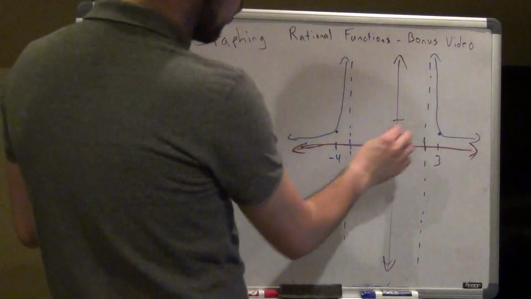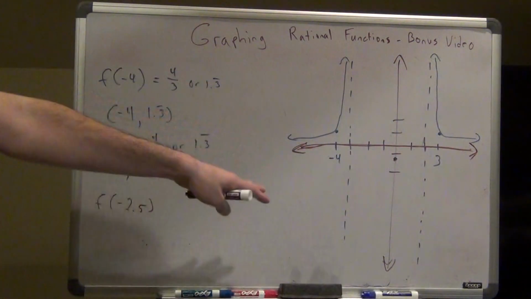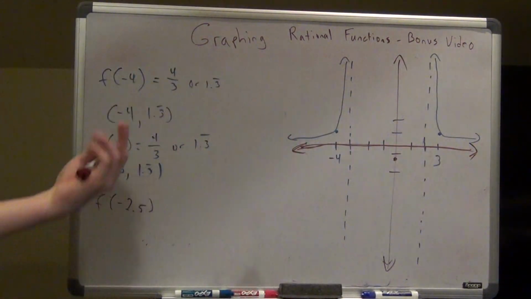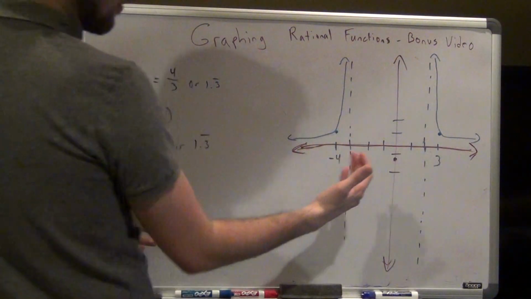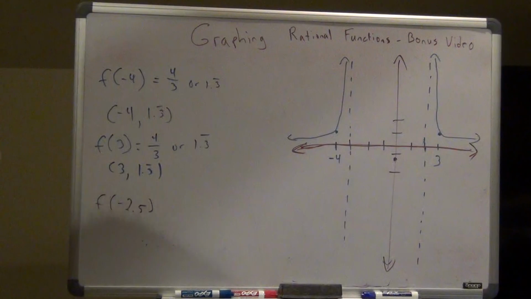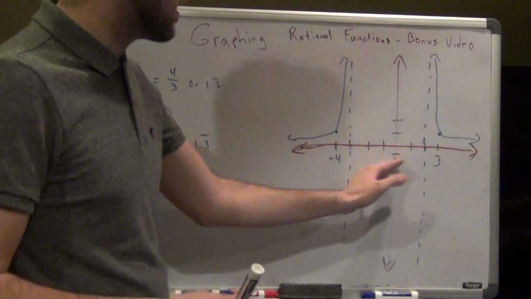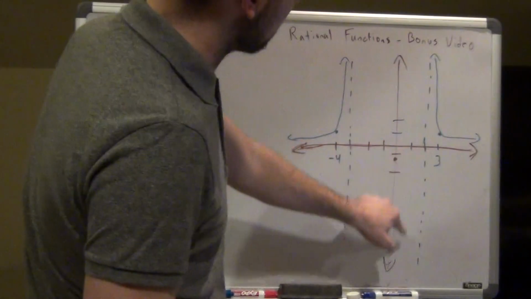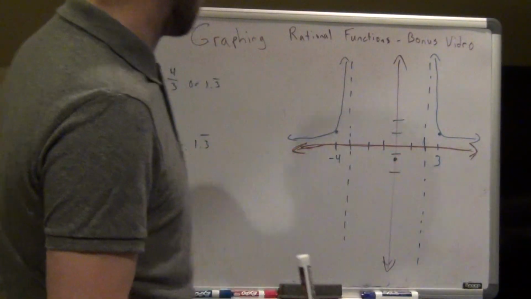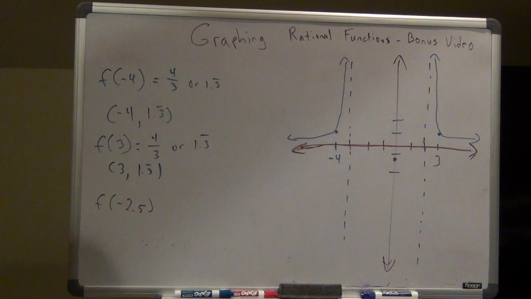Well, I tried negative 1, I tried other points, and they kind of gave me something similar to negative 1.3. So I picked the number closest to my asymptote that would also be easier to graph, because I'll see the exact behavior. I want to see the behavior on either side of this y-intercept to figure out, is my curve going to look something like this, or is it going to look like a big U, okay? Because you saw those two graphs yesterday. So that's what I'm doing so far.